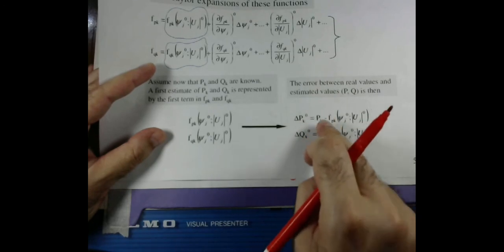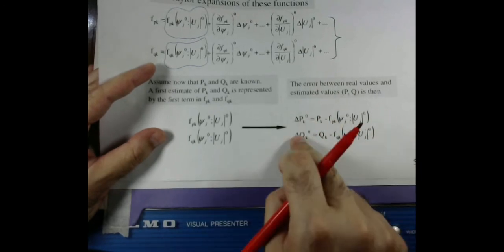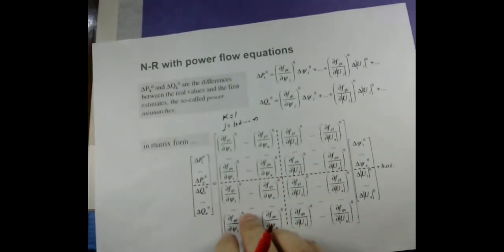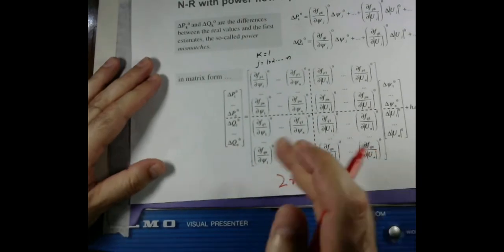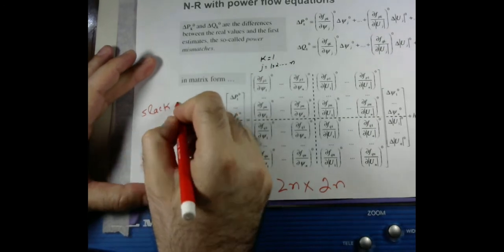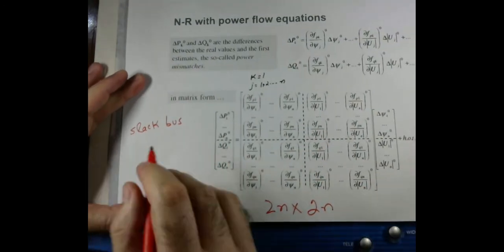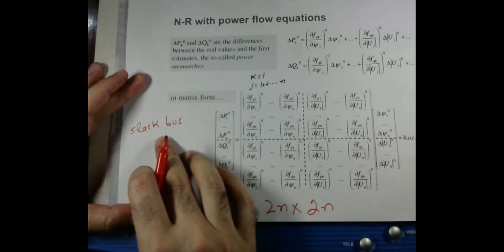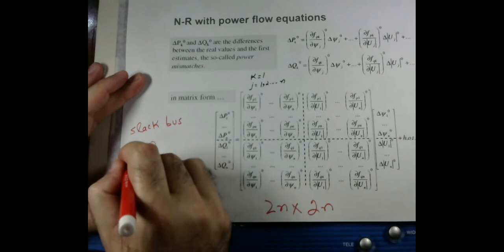But for the slack bus, we don't know the value of the active and the reactive power. So here the active and the reactive power are not specified.